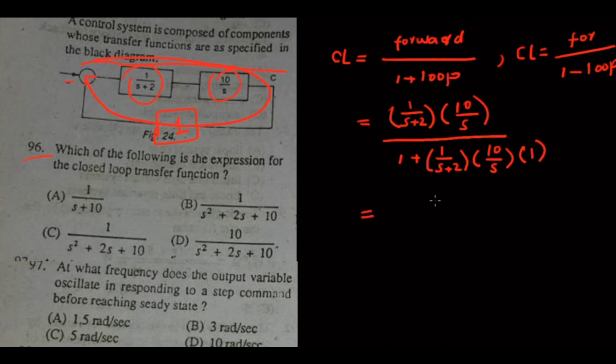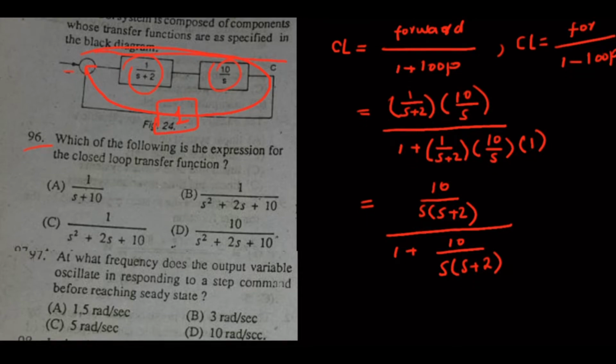Now let's solve this. The numerator is 10 divided by s into s plus 2, divided by 1 plus 10 divided by s into s plus 2.